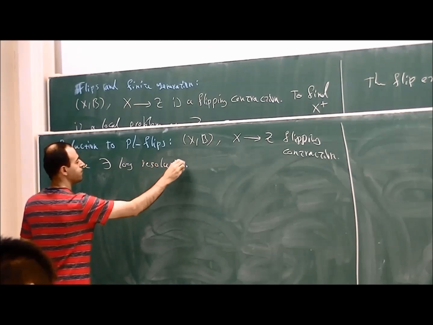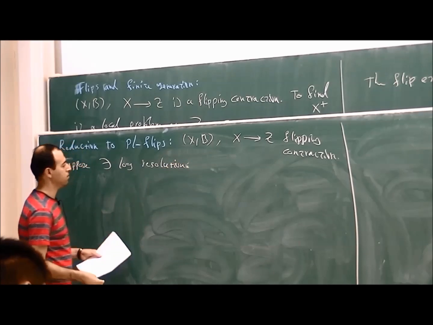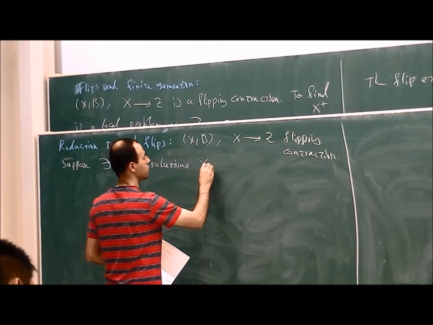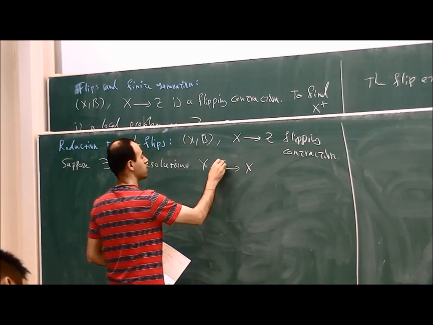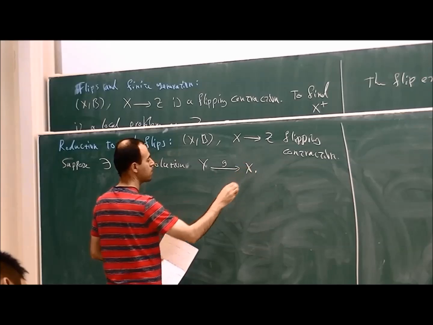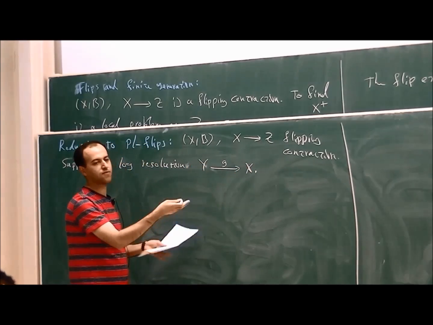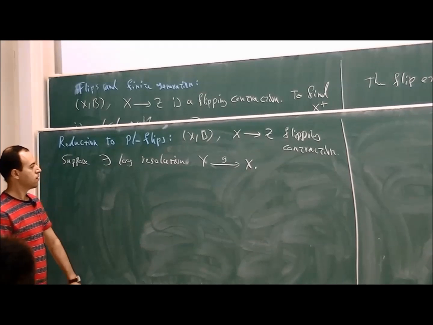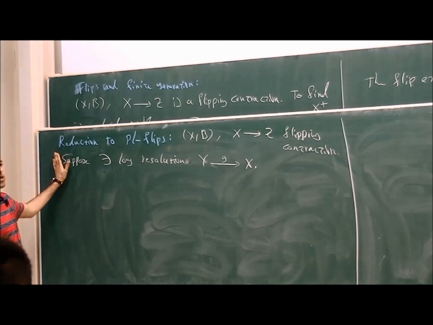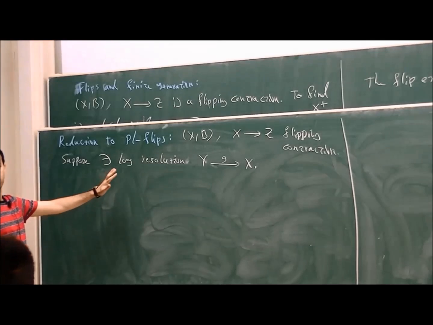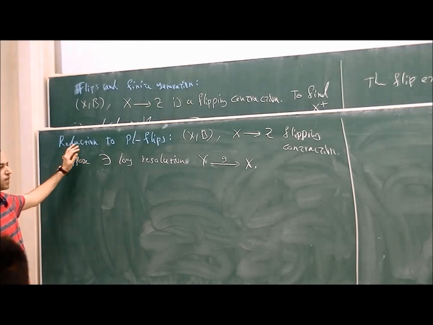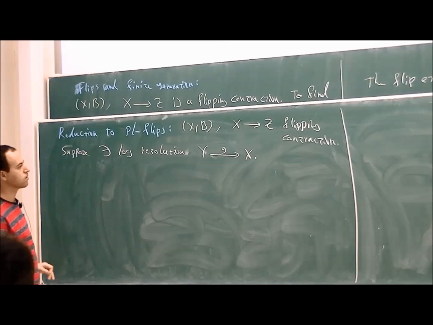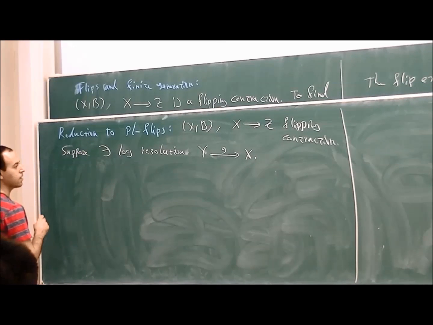This means that you make everything essentially smooth. You have, let's say, g from Y to X. This means that Y is smooth, all the divisors become nice, smooth, simple normal crossing, and so on. Of course, it does not always exist in characteristic p, but at least on threefolds this is already known, so you can assume that it's fine. In characteristic 0 it is always known in any dimension.